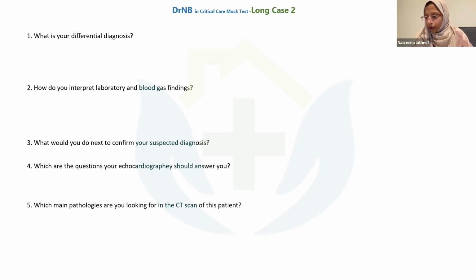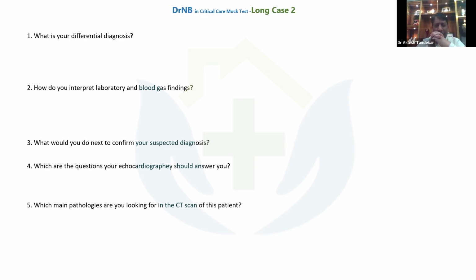I will also look for RV dilatation to look for any pulmonary embolism feature. And also, I will look for any pericardial effusion if I am suspecting aortic dissection causing pericardial effusion, and also look for any aortic valvular problem if the dissection involves the aortic root.